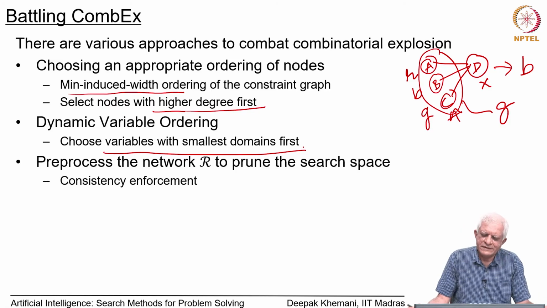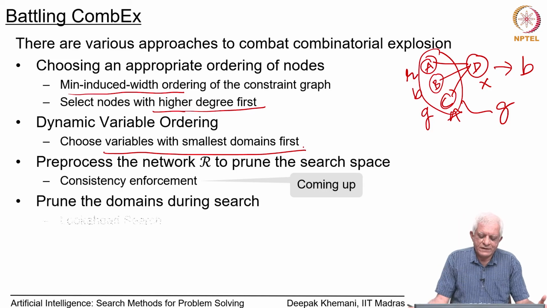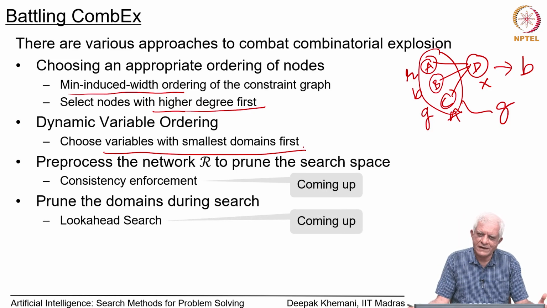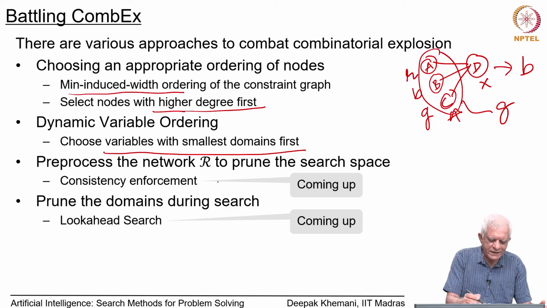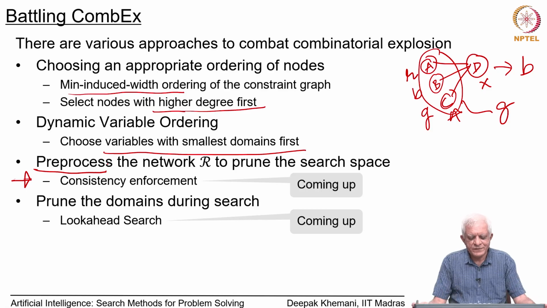Then there is an option to pre-process the network, so that we prune the search space essentially. This is called consistency enforcement, and this is what we will look at next, I think. There is still another option, which is to prune the domains while doing search. So, in this option here, we are saying pre-process the network and then do search.